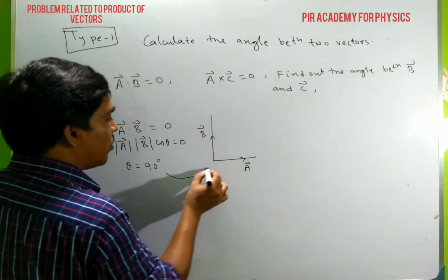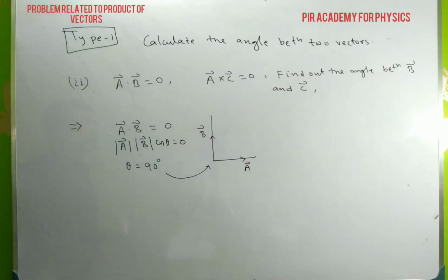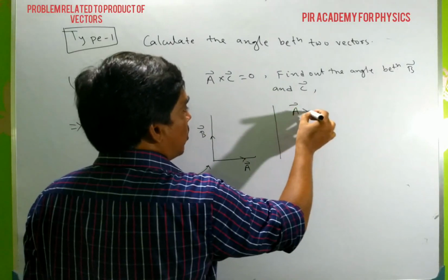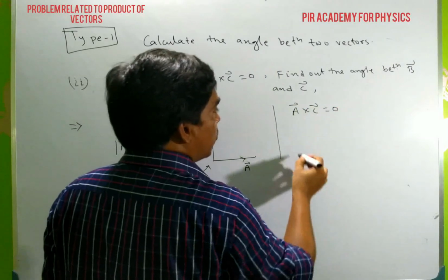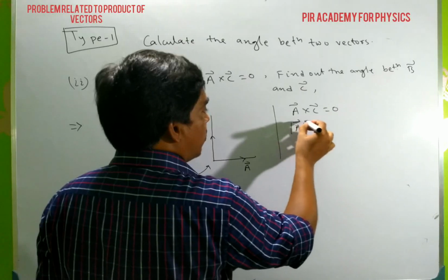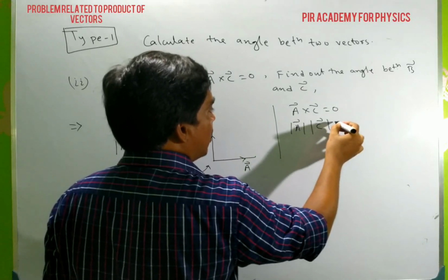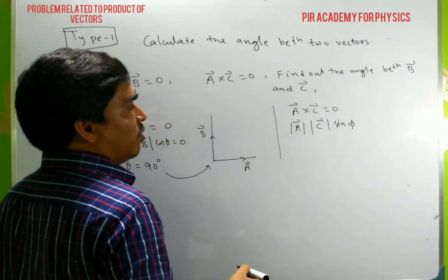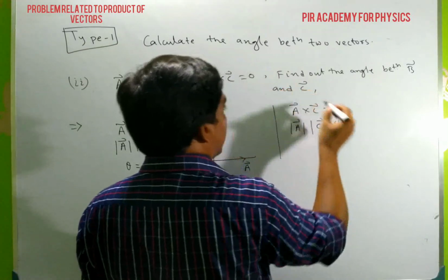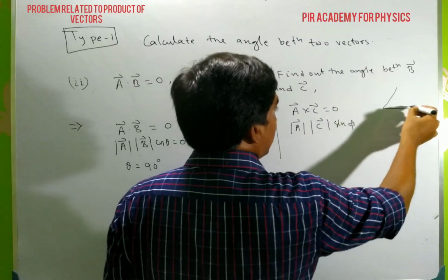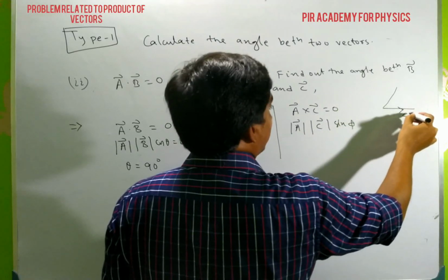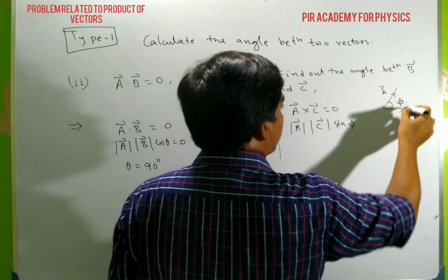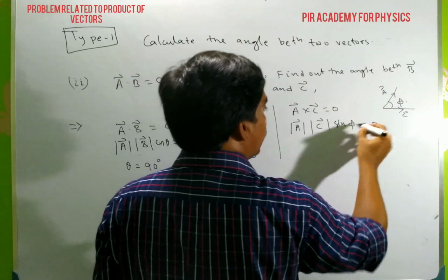From the definition, A dot B equals 0. Here A cross C equals 0. That means magnitude of A and magnitude of C into sine psi, where psi is the angle between them, equals 0.